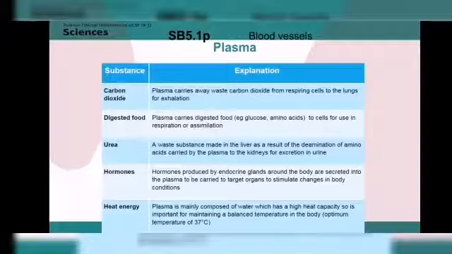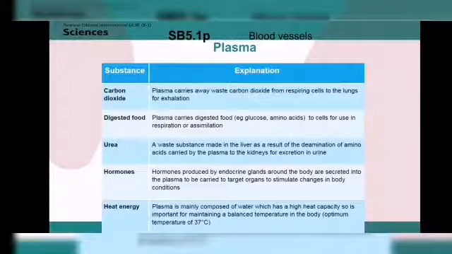The fourth substance, hormones. Hormones produced by endocrine glands around the body are secreted into the plasma to be carried to target organs. They stimulate changes in body conditions. We're going to talk about hormones in chapter 6.